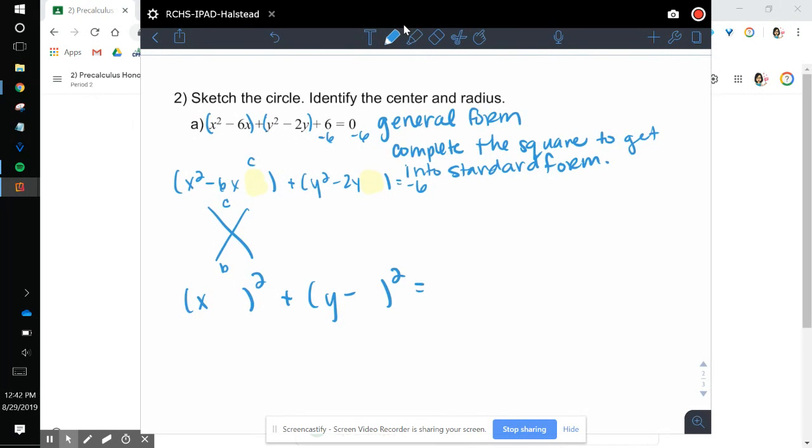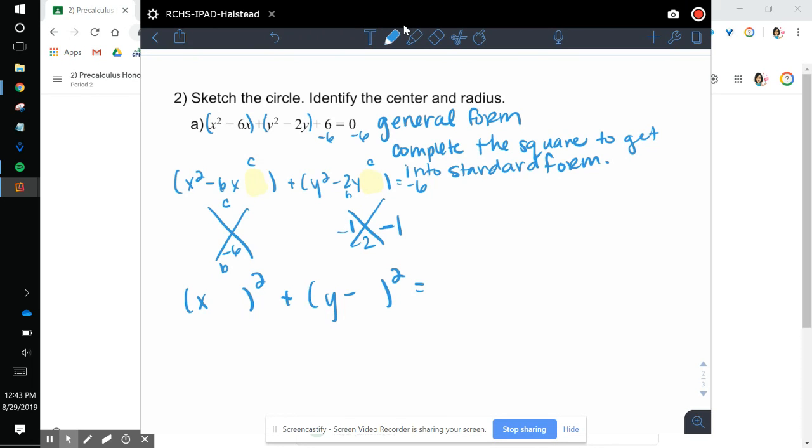This is my c value of my trinomial. So I'm going to put negative 6 on the bottom, and my b value is negative 2. Now the goal is to get these two numbers to be exactly the same. So how would I split negative 2? What plus what would give me negative 2? Well, it would be negative 1 and negative 1.